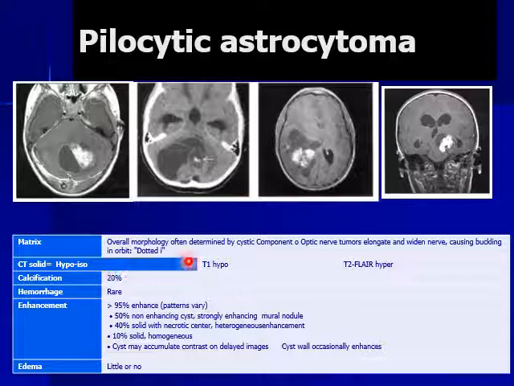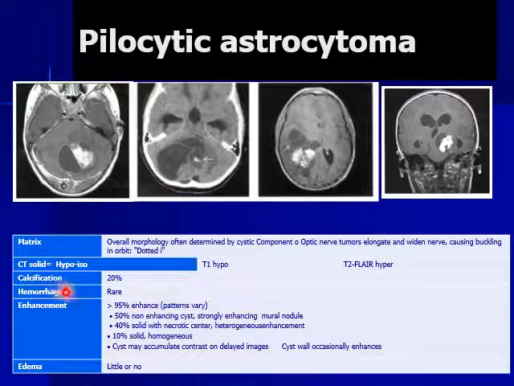Overall morphology is often determined by the cystic component, while when it involves the optic nerve, it is usually solid, causing it to elongate and thicken, giving buckling of the optic nerve, or what is known as the dotted eye appearance.